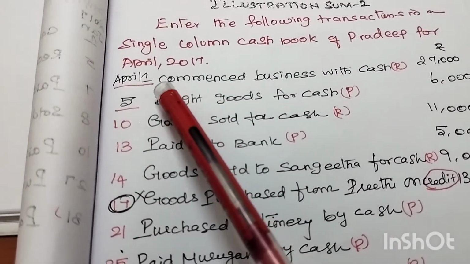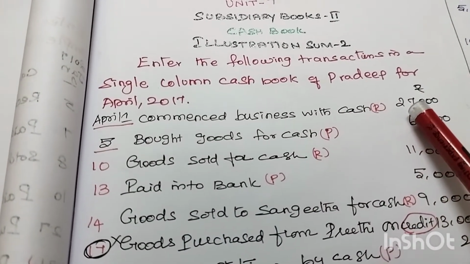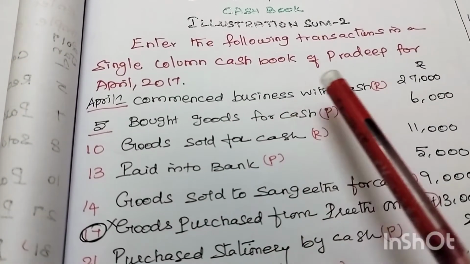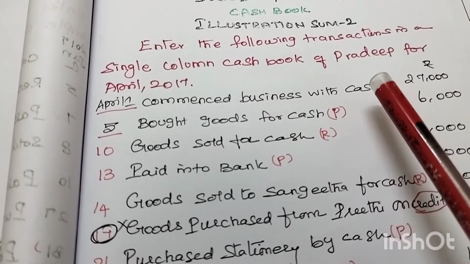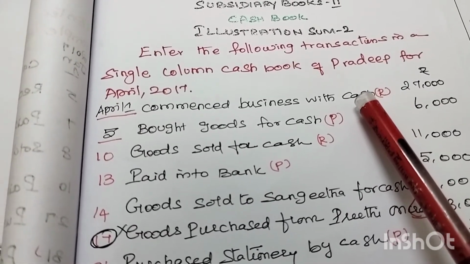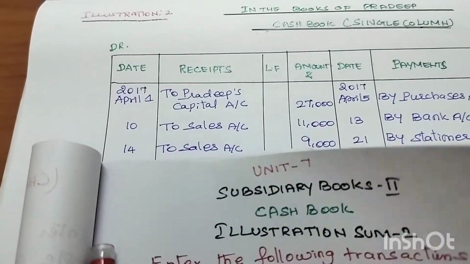The first transaction is April 1, commenced business with cash rupees 27,000. Just recall the journal entry: cash account debit to capital account. Cash account is on the debit side, so we go to the debit side of the single column cash book.